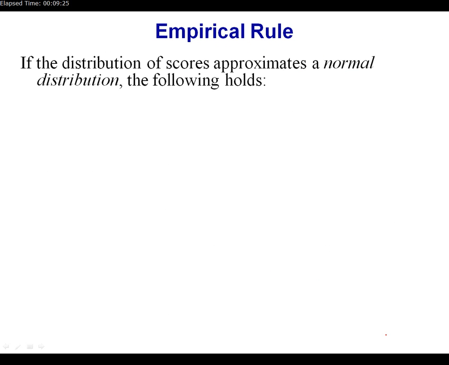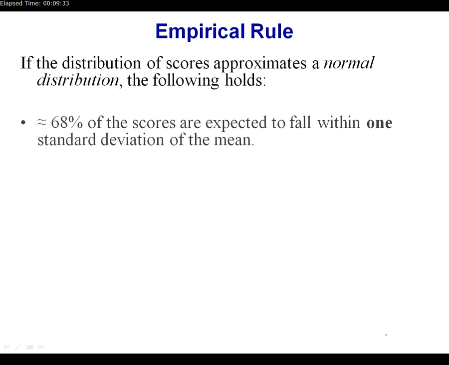So I want to talk real quickly, and I hope I'm not running out of time here, about the empirical rule. When we look at a normal distribution, this is really neat for cocktail parties, so remember this. 68% of all scores are expected to fall within 1 standard deviation of the mean.